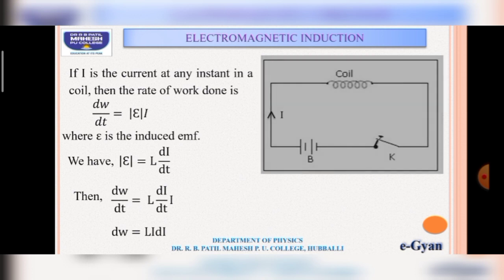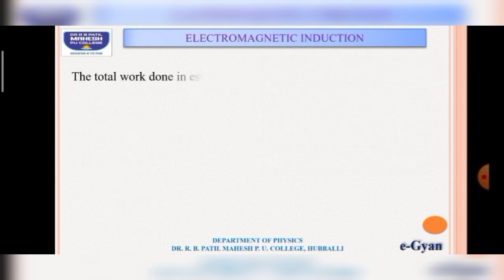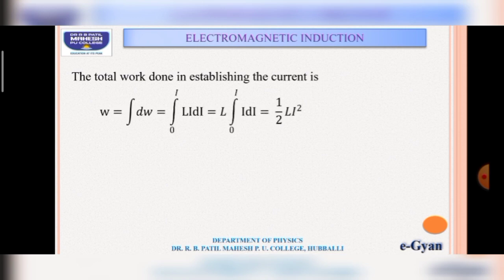Now, the total work done in establishing the current I is W equal to the integration of dW, that is equal to the integration from 0 to I of L into I into dI.